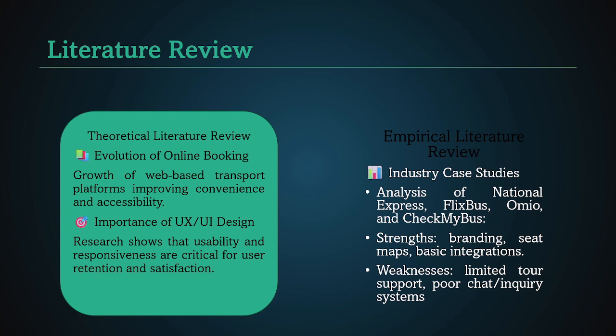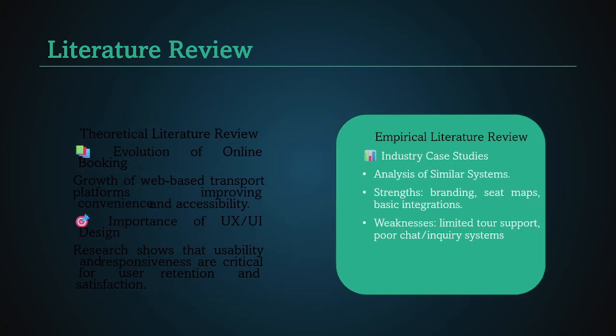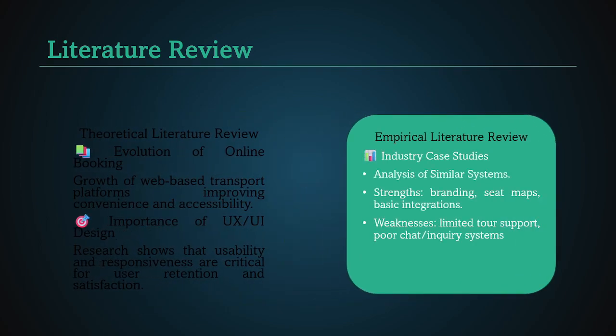I also looked at industry case studies in the empirical literature review. I analyzed companies like National Express, Flixbus, Omio, and Check My Bus, and researched their strengths and weaknesses.